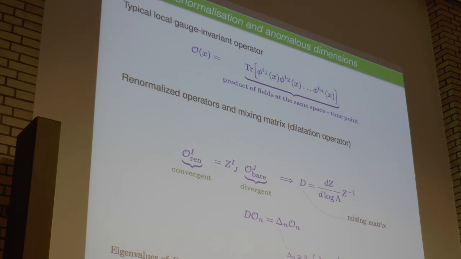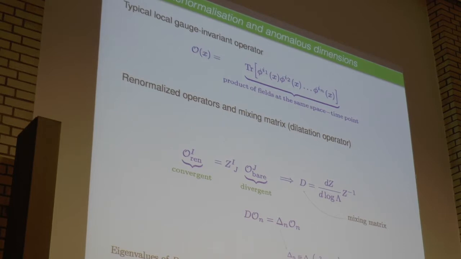Now, such fields in classical theory, where you put the coupling constant to 0, so there is no interaction, all have a very well-defined conformal dimension, which is simply given by the sum of the dimensions of the elementary fields. For instance, a scalar field has dimension 1, and if you have n such fields, the dimension of such an operator would be simply n.